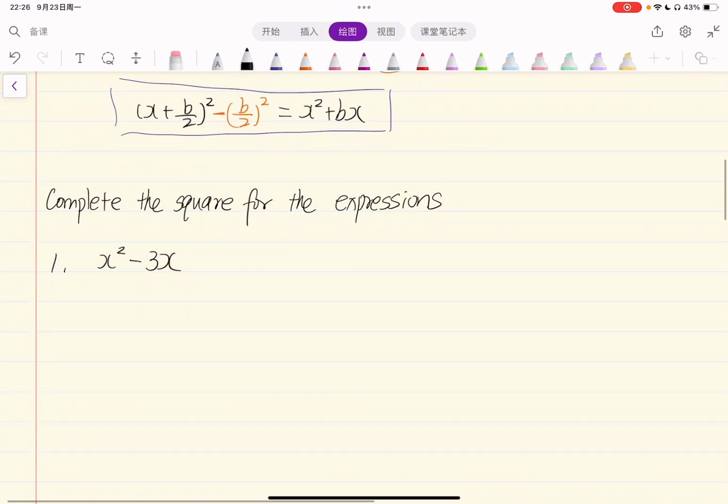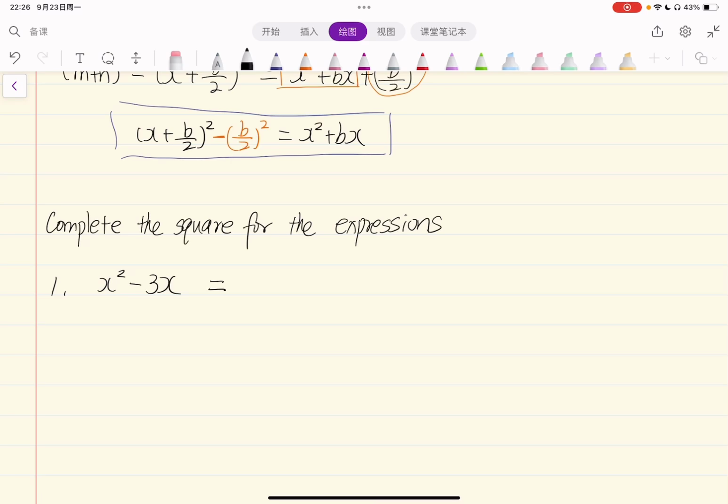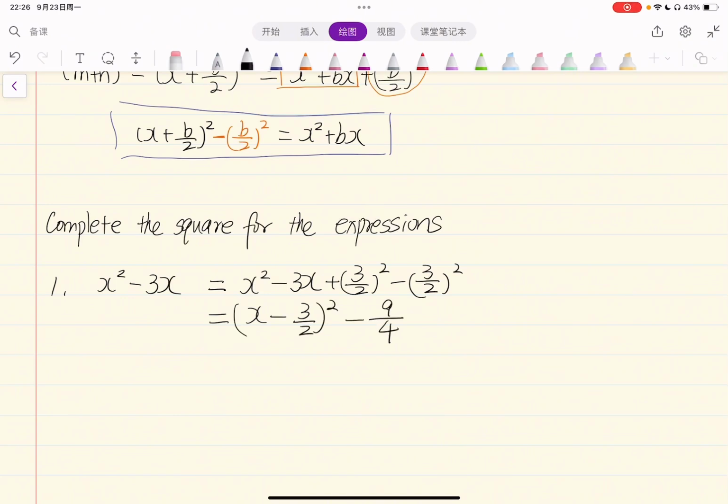So what we need to add is half of the 3, so 3 over 2 squared. And we don't have that, so we need to cancel it. So we need to subtract 3 over 2 squared. And we rewrite that. We have x minus 3 over 2 squared minus 9 over 4.